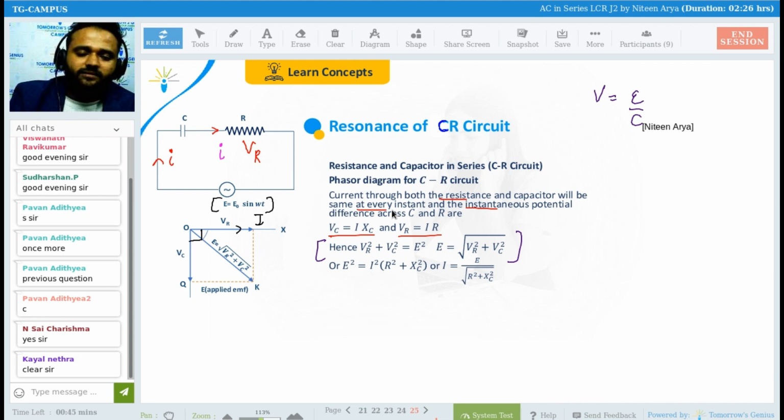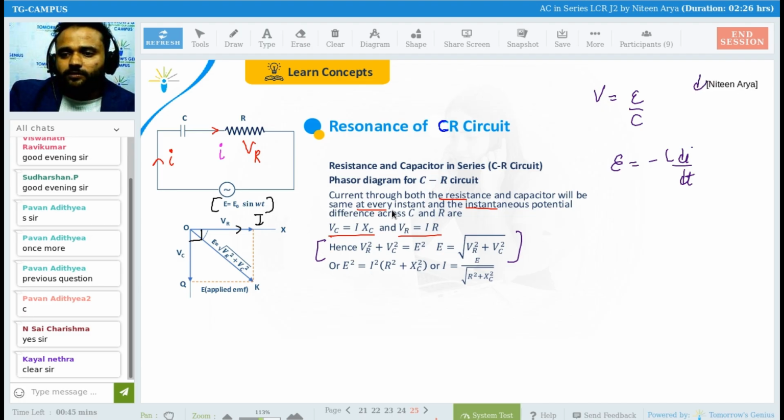Q by C. And in the EMF case, I need to get Q. What is Q? dq by dt equals I, so put it in the form of I: dq equals I dt. Clear now, everyone? That is why it is happening here.